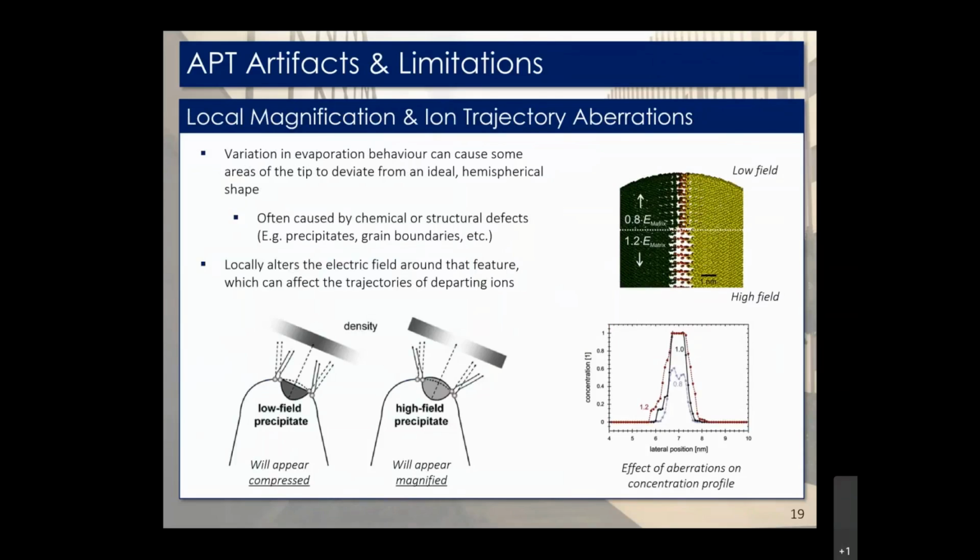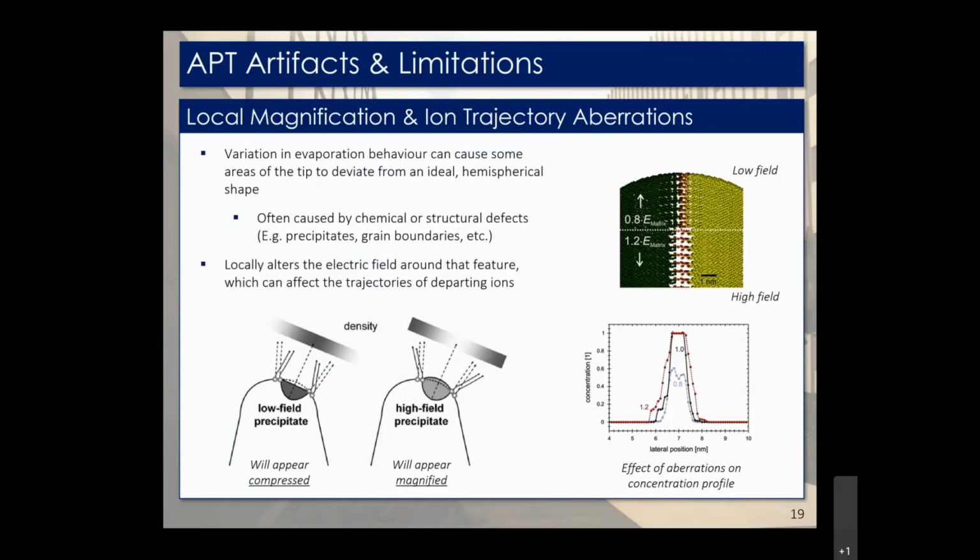So looking at the figure at the bottom there, let's say we have a precipitating material that might be either low field or high field. In other words, it can evaporate at a lower field, or more easily, or it evaporates at a higher field, or with more difficulty, than the surrounding matrix. What can happen in that case is we end up with a deviation from the ideal hemispherical tip shape. Remember that assumption.